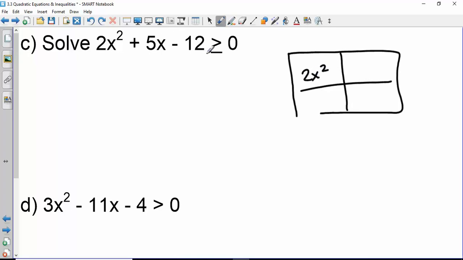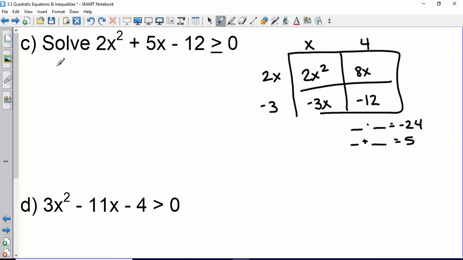So the 2x squared goes here, and the negative 12 goes here. So first we multiply, which gives us a negative 24. And they need to add to positive 5. So what numbers would that be? Negative 3x and positive 8x. So factor, we get x and 4, 2x minus 3.